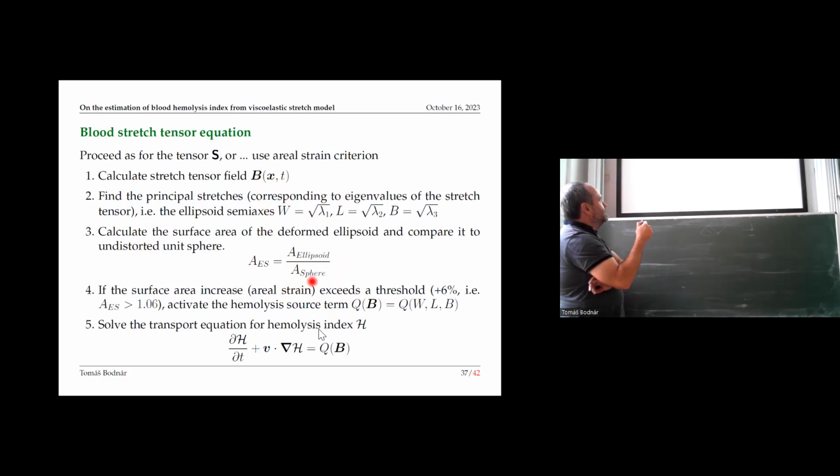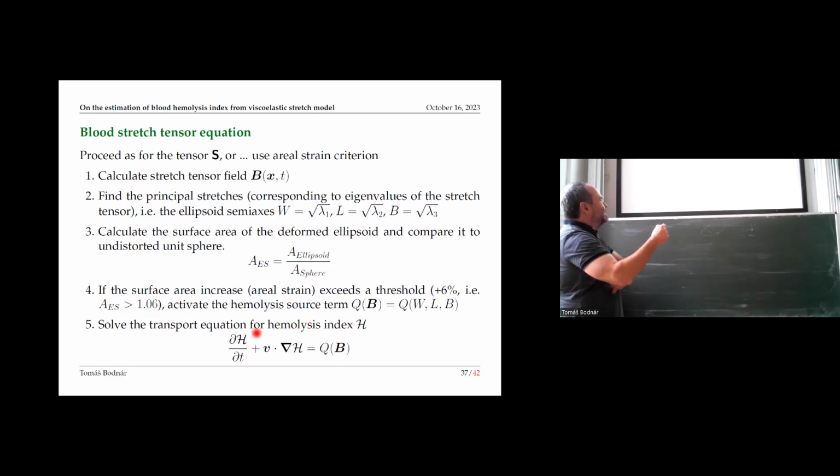So for a sphere of radius 1, it's easy, then you just need to evaluate the surface area of the ellipsoid, for which you know the 3 semi-axes. And you compare them. And if this relative area change is greater than 1.06, then you will activate the source term on the right-hand side.